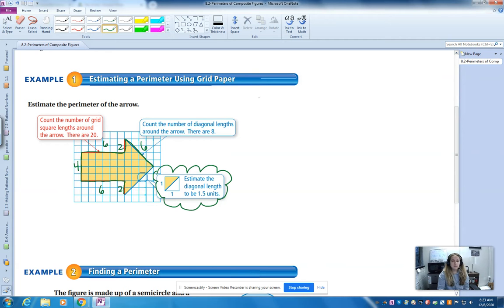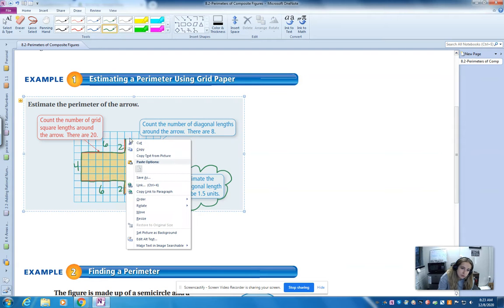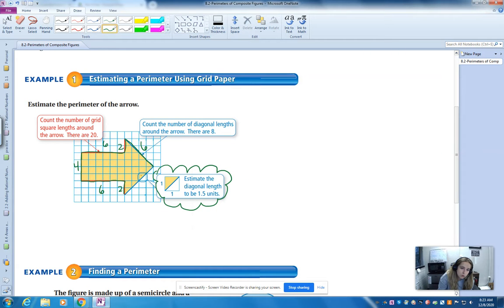Another way you can do it is count how many they go through: 1, 2, 3, 4. And then you can just go 4 times 1.5 in your calculator, and that also will give you 6. Okay? So this is a symmetrical shape.